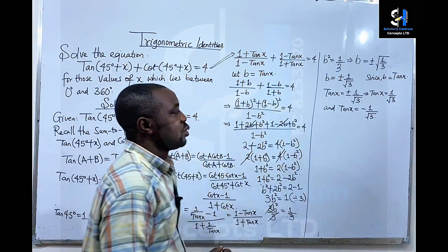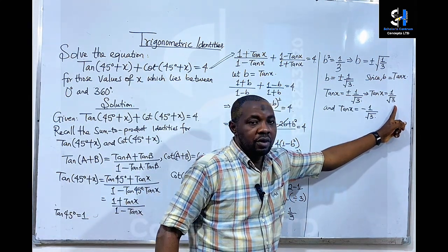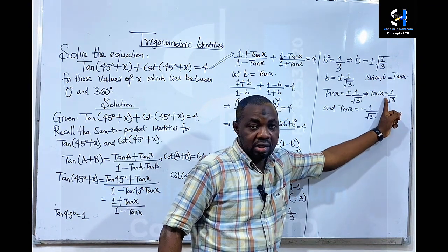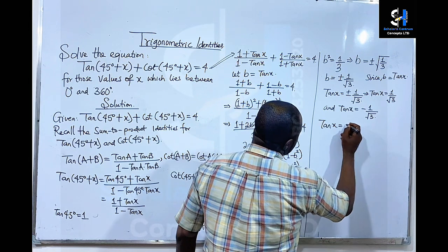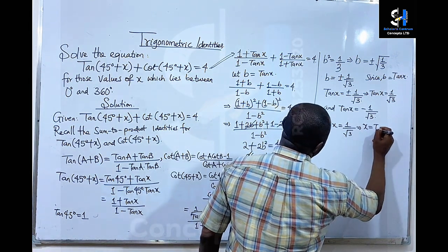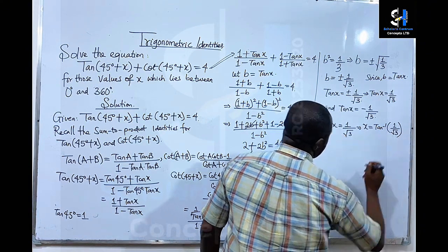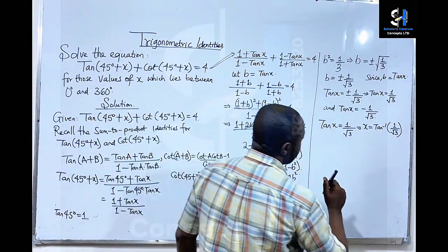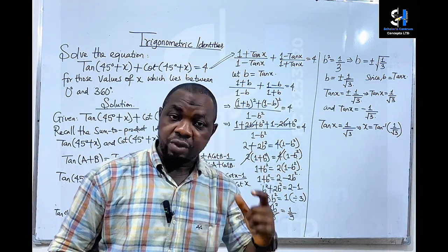So we're going to get the value for x in this case. For the first one, we have tan x equals 1 over radical 3, and that will be x equals the tan inverse of 1 over radical 3. Now we know that tan 30 degrees is the same as 1 over root 3.